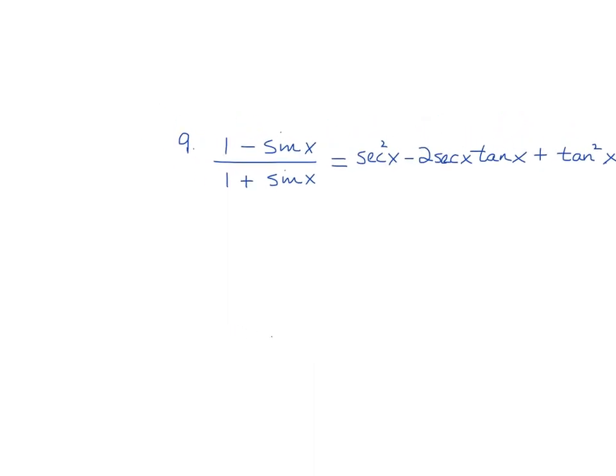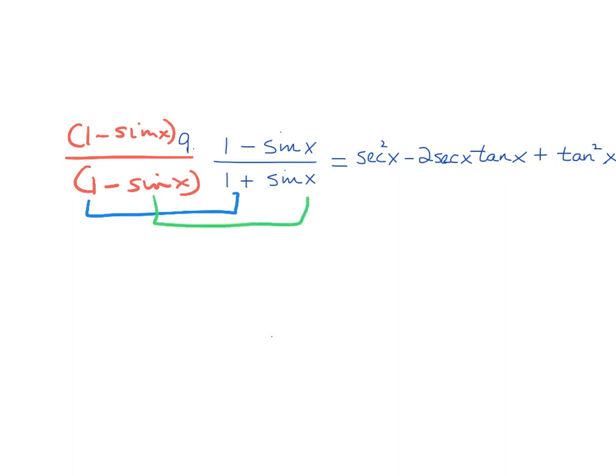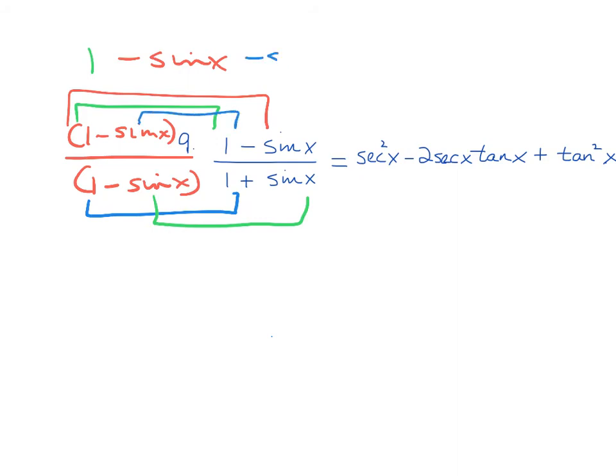Now, notice on this one, I actually have something in my numerator, so I actually have to FOIL both the top and the bottom. However, the denominator, remember when it's the conjugate, all you have to do is first and last, but the numerator I actually have to do the whole thing. So when I FOIL my numerator, I get 1 times 1, and then 1 times negative sine x, then inside negative sine x, and then last gives me positive sine squared x.